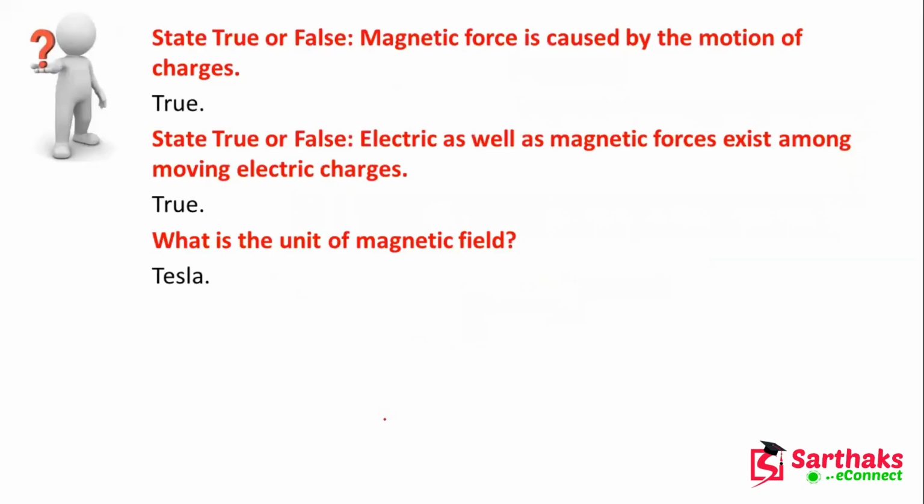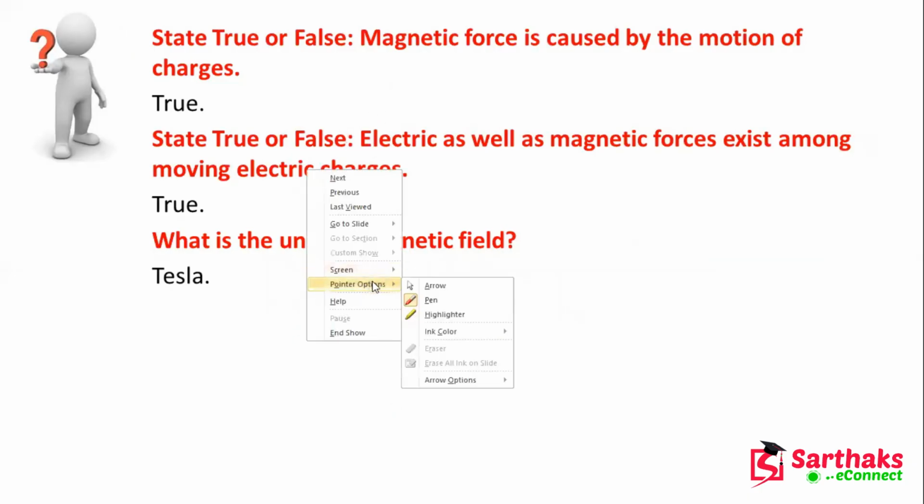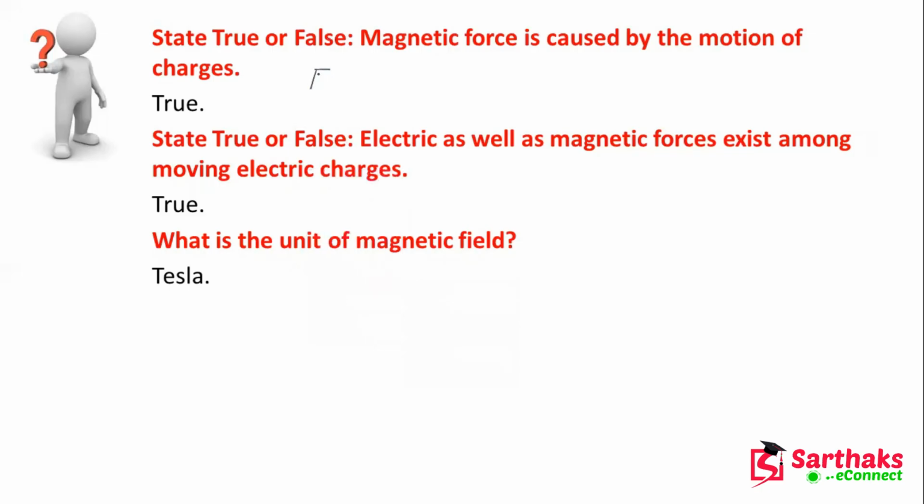Now some questions here. Magnetic force is caused by the motion of charges. We have already discussed that the magnetic force depends on Q(E + v × B), where v is the velocity of the particle or charge.